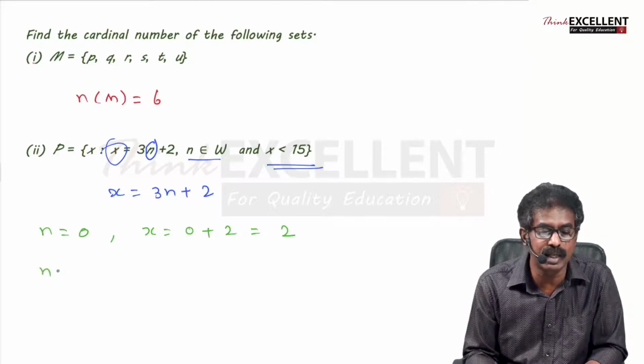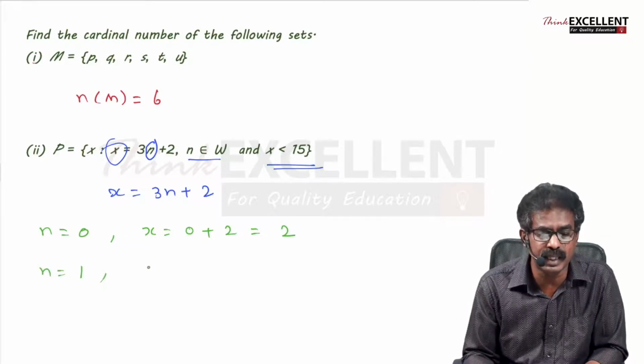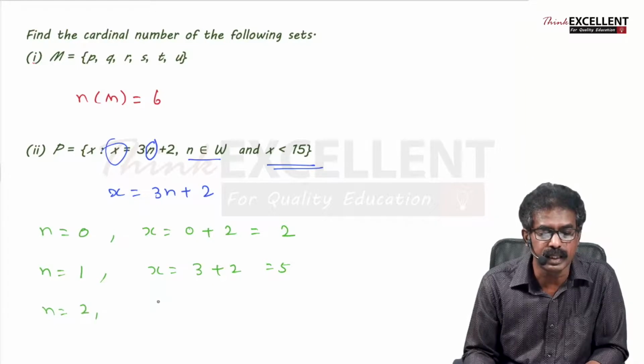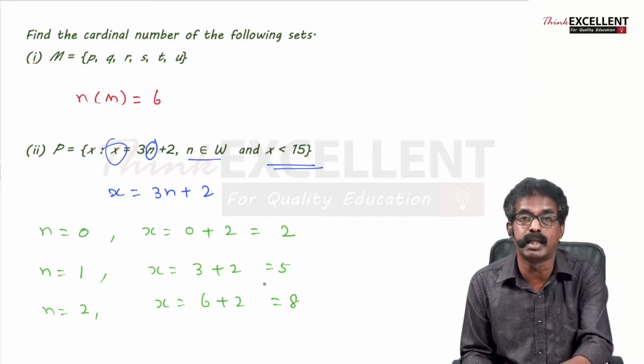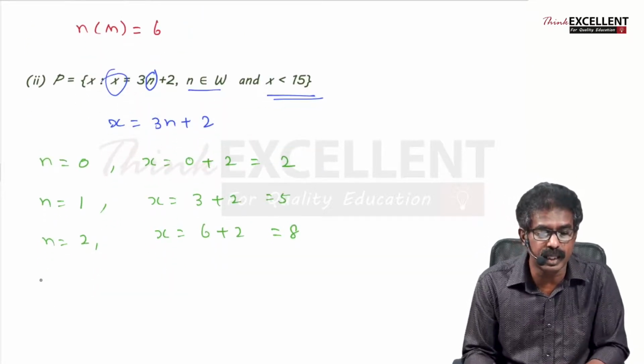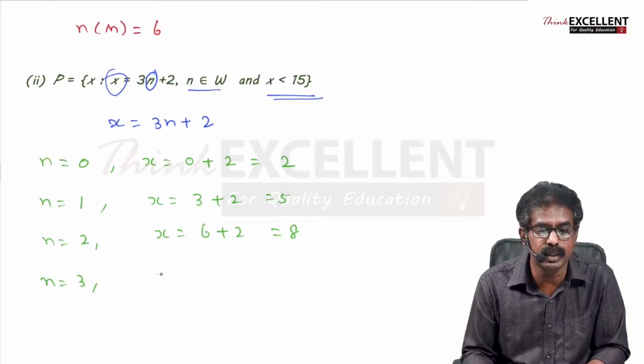You take the next n value, 1. x equals 3 into 1, 3 plus 2, it is 5. You can take it because it is less than 15. You take n equal to 2, x equals 3 into 2, 6 plus 2, it is 8. You can take that also because it is less than 15. You take n equal to 3, x equals 3 into 3, 9 plus 2, 11.